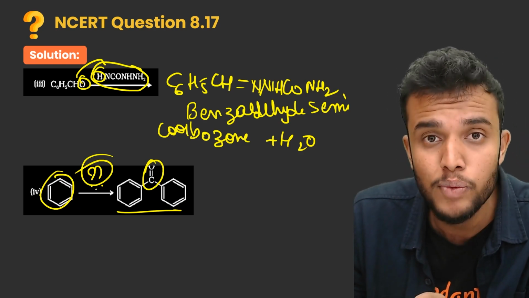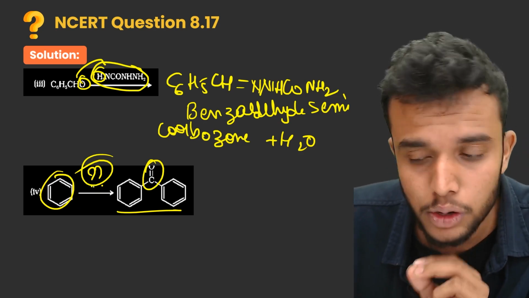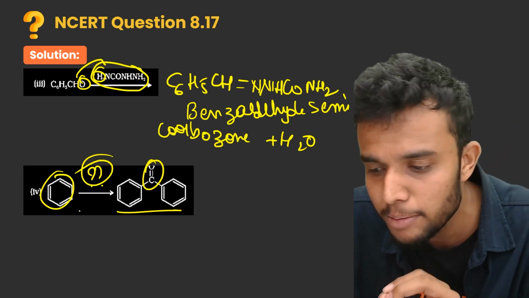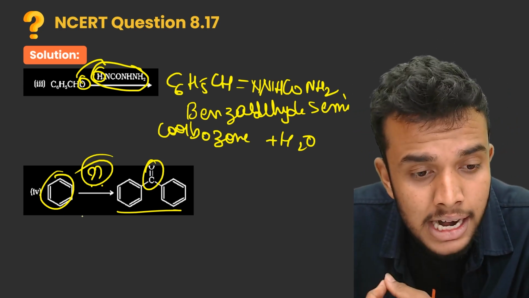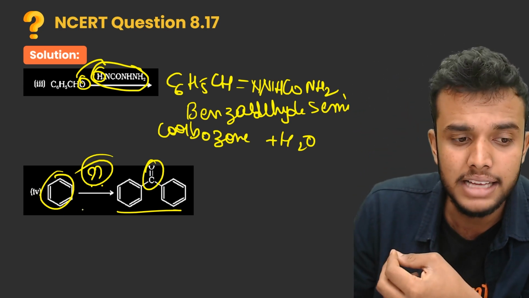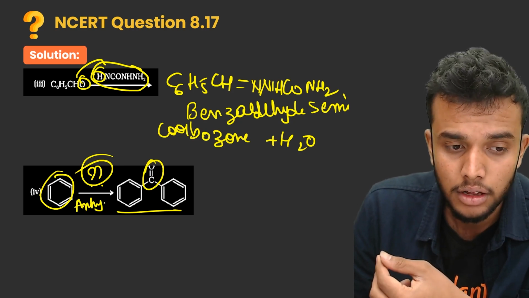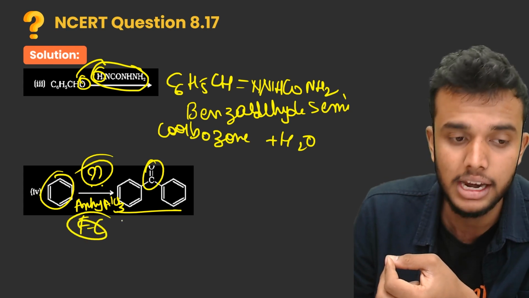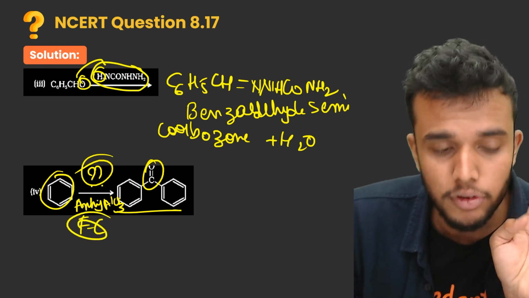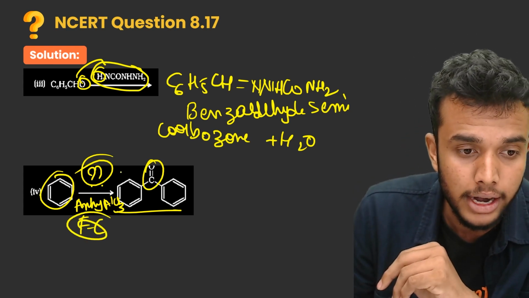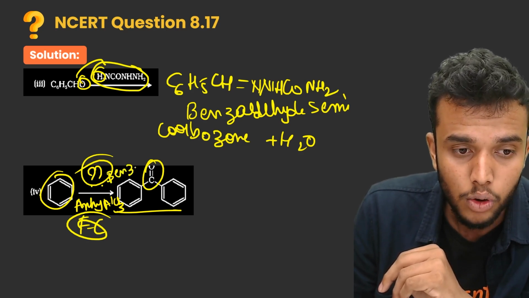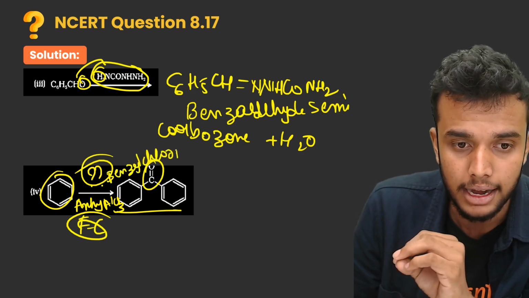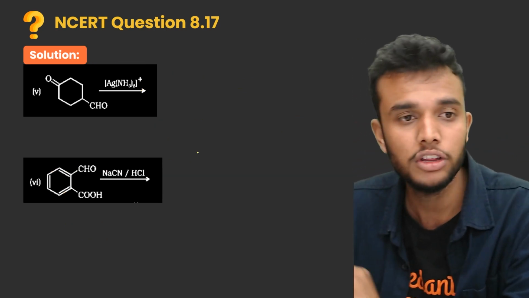Benzene is reacted with benzoyl chloride in the presence of anhydrous AlCl3 to yield benzophenone. In the reagents place, we need to introduce benzoyl chloride and anhydrous AlCl3. Next, move on to the fifth one.